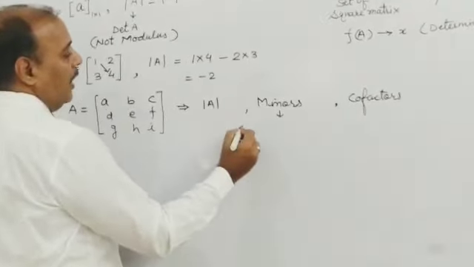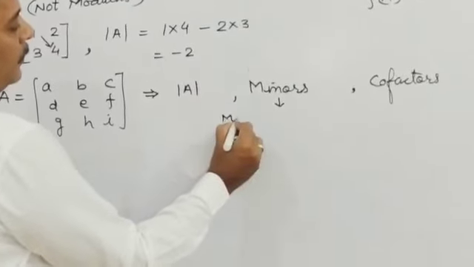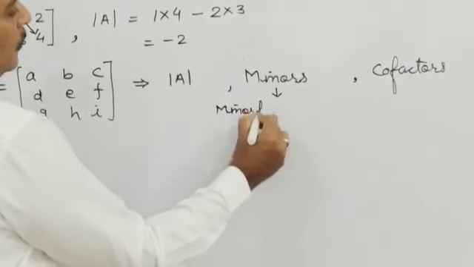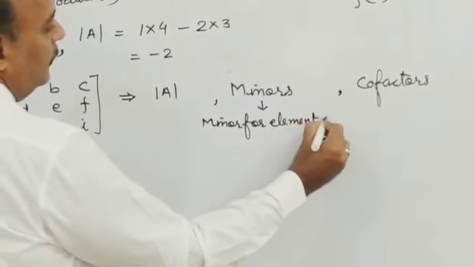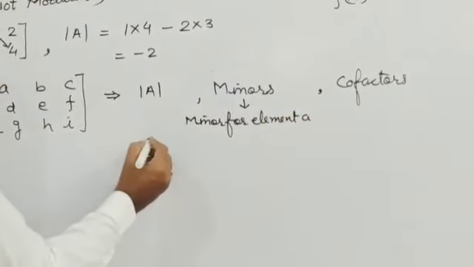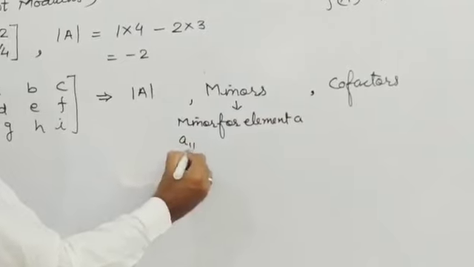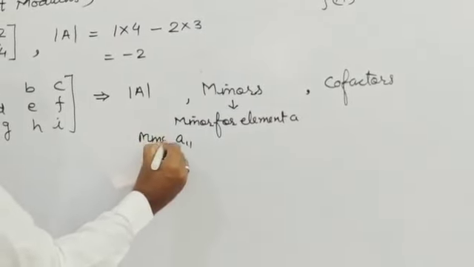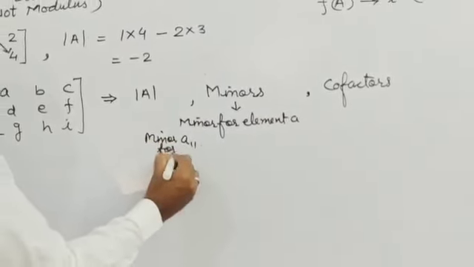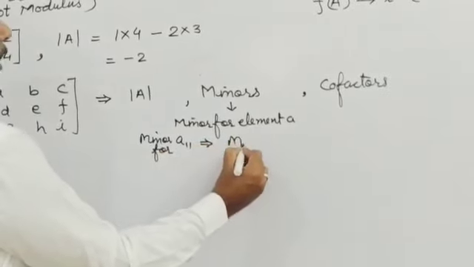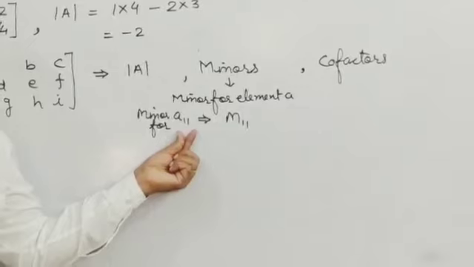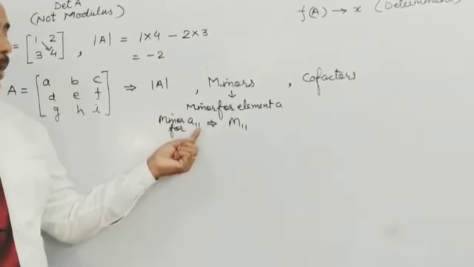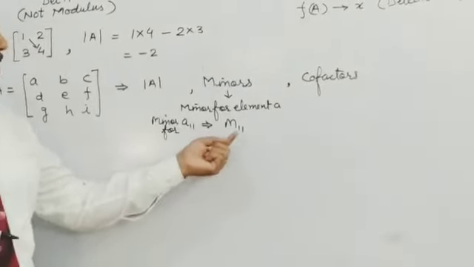So if I am finding the minor for element A, symbolically you can write the minor for A11 as M11. A11 is the symbol of the element placed at first row and first column.